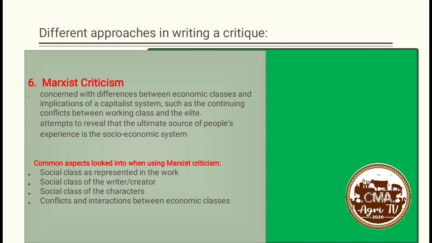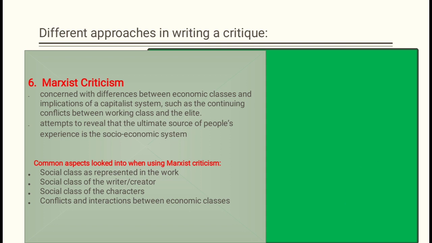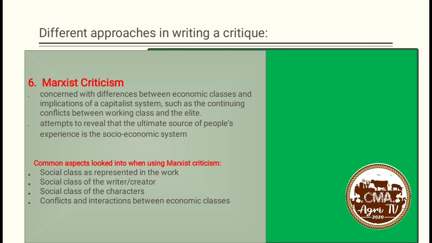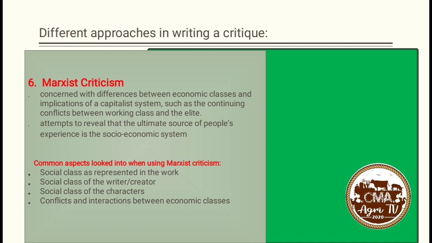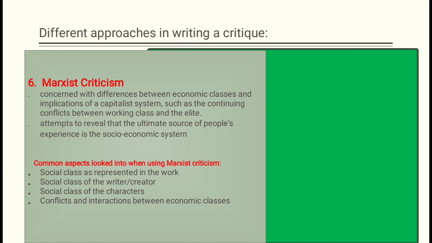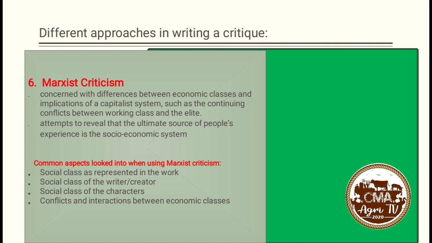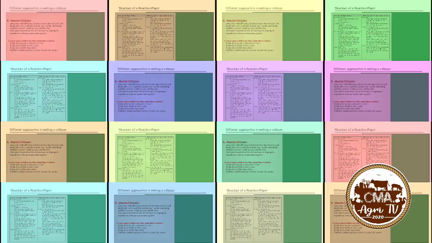So the common aspects looked into when using Marxist criticism are, first, social class as represented in the work. Second, the social class of the writer-creator. Third, the social class of the characters. And the fourth, conflict and interactions between economic classes.